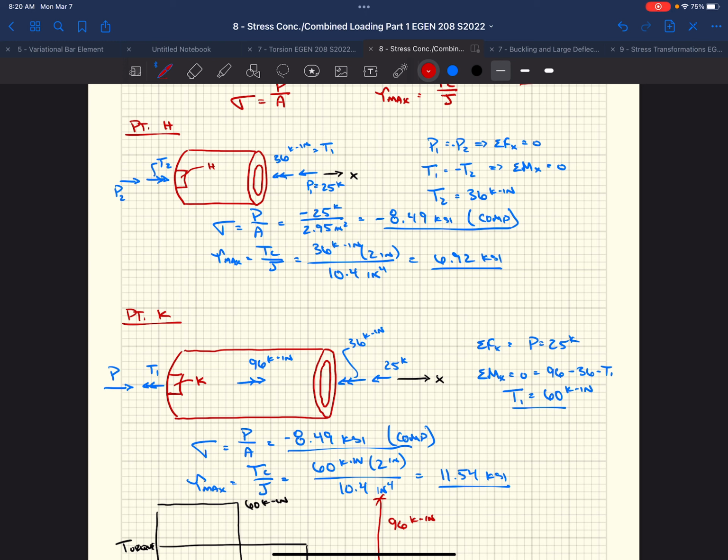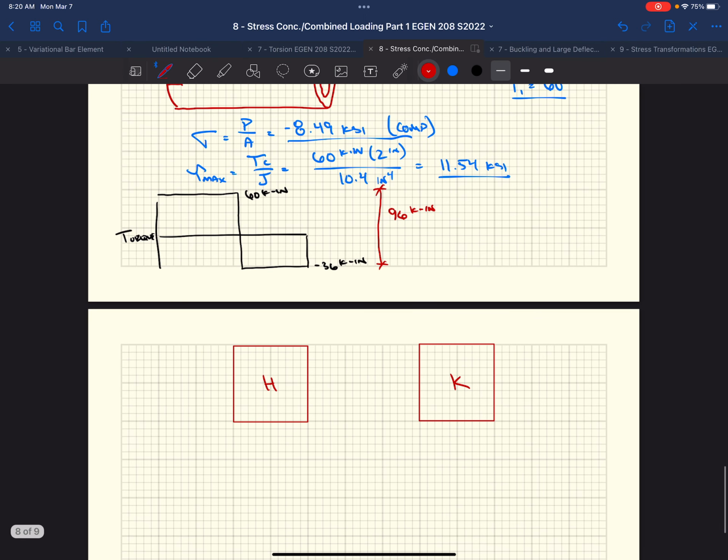Well, if we look at the left surface of H, we've got that force P applied on the left-hand side, and we know it's in compression. So I would assume we've got a normal force acting on the left-hand side. That normal force creates a stress, in our case, of 8.49 KSI.